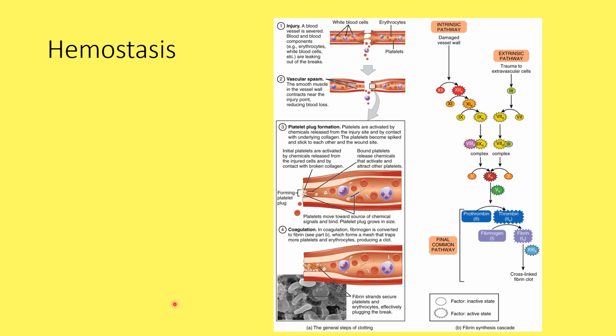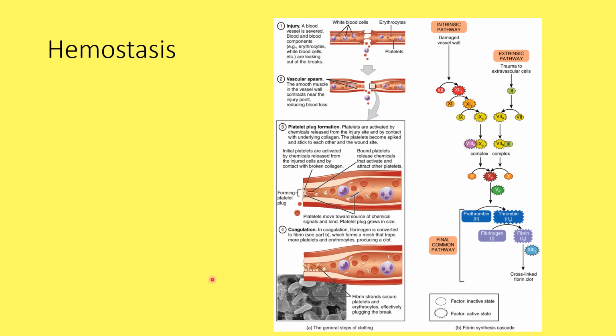And so it forms this plug, or a kind of clot there. And it does eventually form a clot in the coagulation step. It prevents blood flow through that injury site. But like I said, if this is a large vessel, you're going to need stitches.